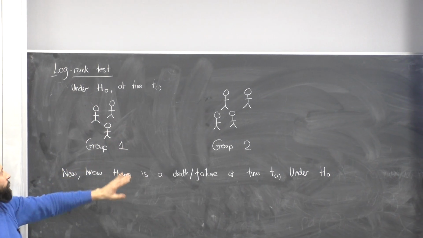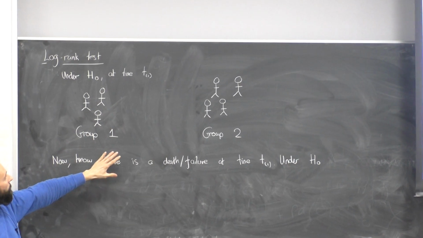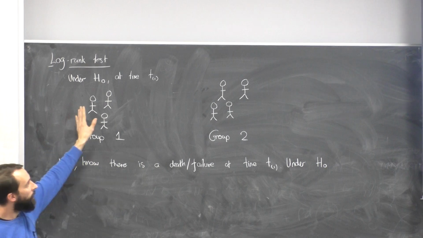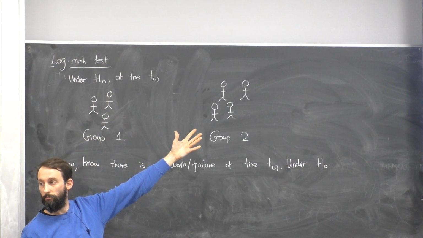Under my null hypothesis, they all have the same failure time distribution. So it's equally likely that any one of those 7 people could have been the person who failed.